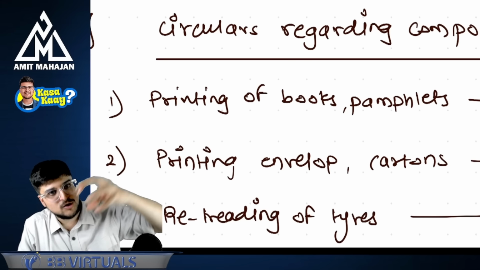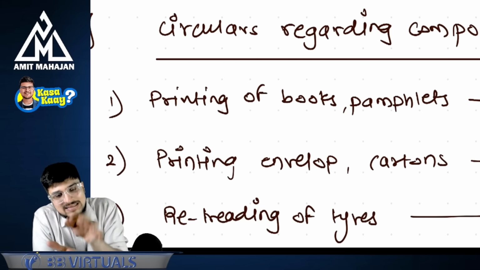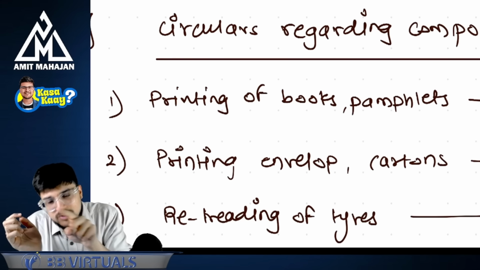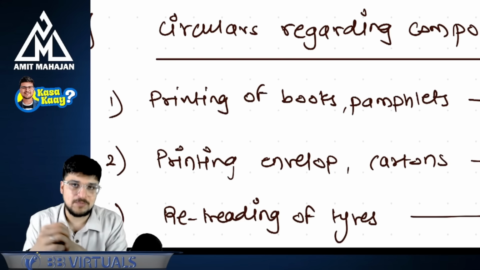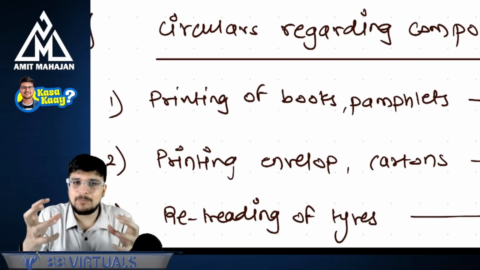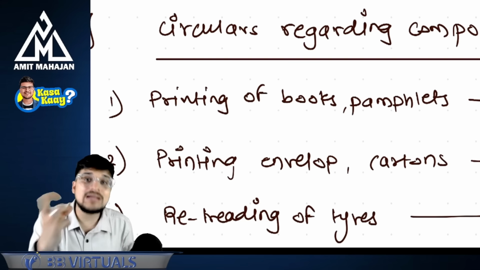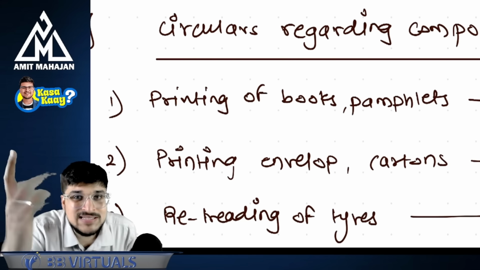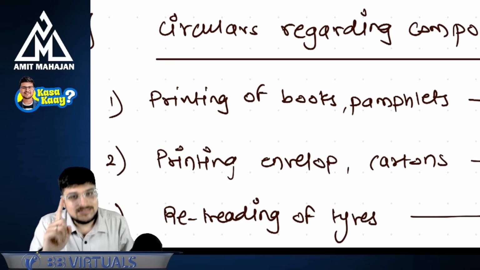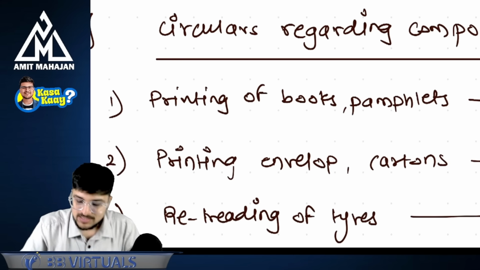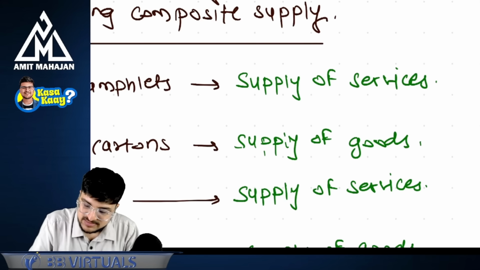But if you're giving that content, and since I'm printing that content on the paper, the value of those 100 papers is 1000 rupees because of that printing of content. Now, can I say the main supply is service, that is printing service? Because if printing is not there, the worth of those pages is nothing. And that's why I'm not selling the goods, I'm providing printing service to you. And this is called supply of service.